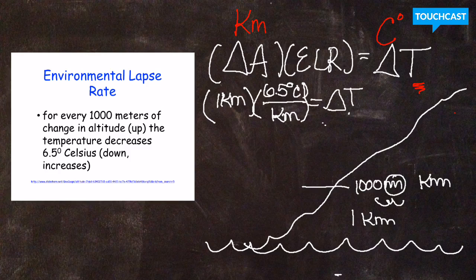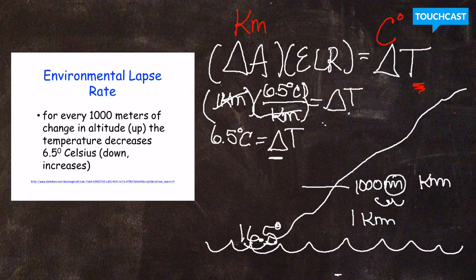So let's say when I started my hike, it was 16.5 degrees. So I'll do my equation. I get rid of kilometers. So then I get 6.5 degrees Celsius equals the change in temperature. Here's the point: it started at 16.5, the temperature changed by 6.5, and that's going to give me 10 degrees as my temperature here.